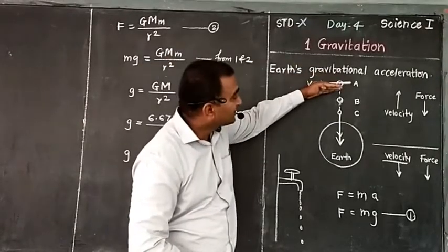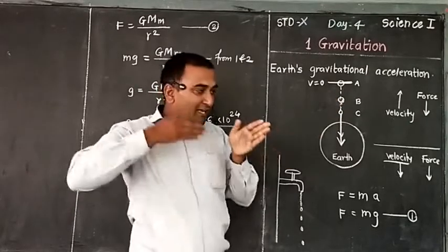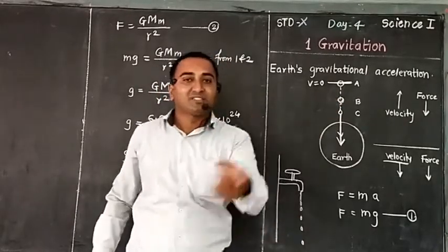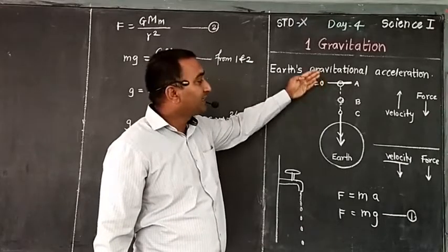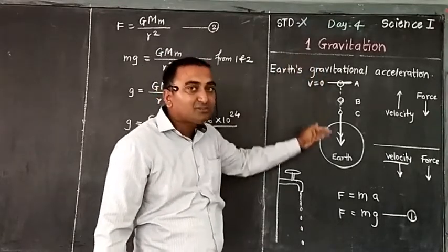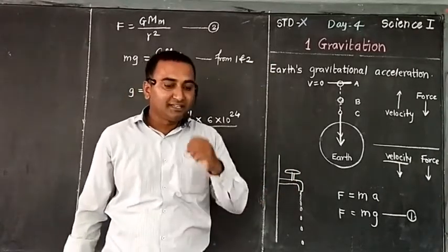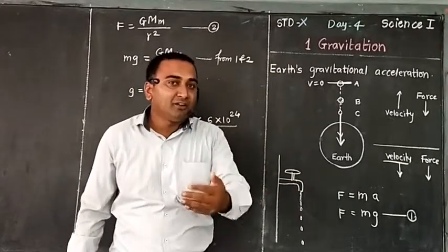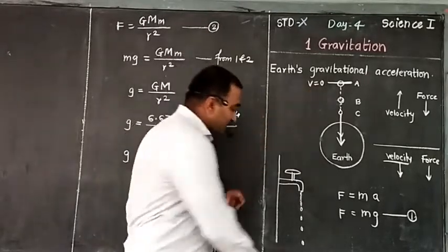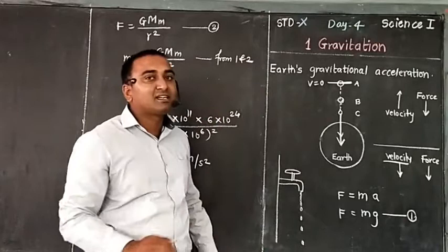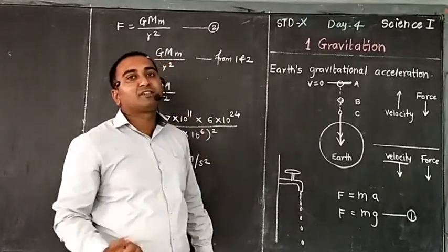Because when distance decreases, force increases, and if force increases, velocity increases. And because of that, as the object is coming down to the earth, its initial and final velocities differ. The final velocity increases, and as the object comes towards the earth, it will come with a greater speed.